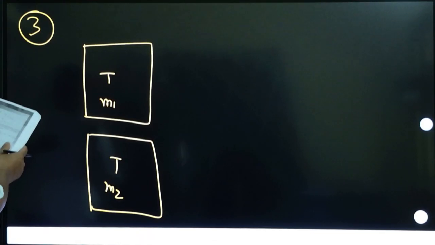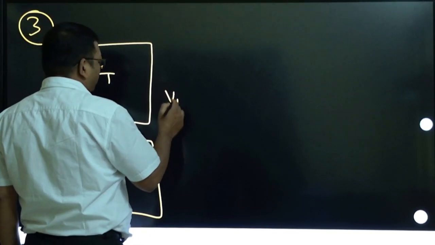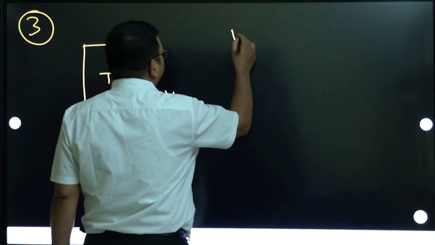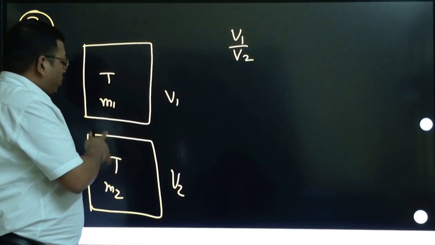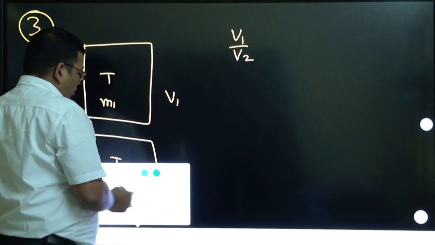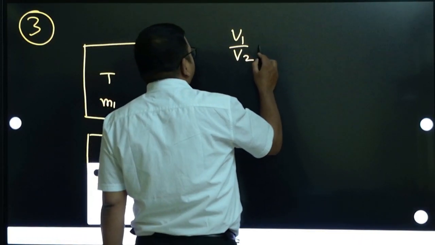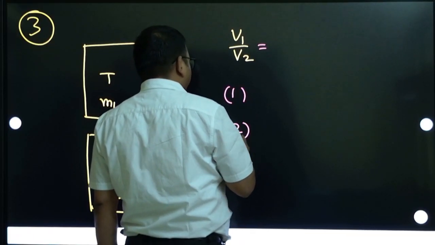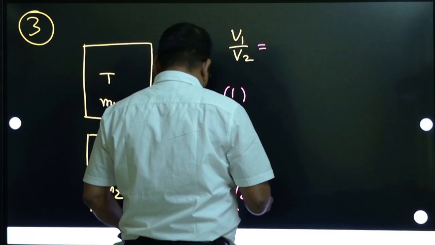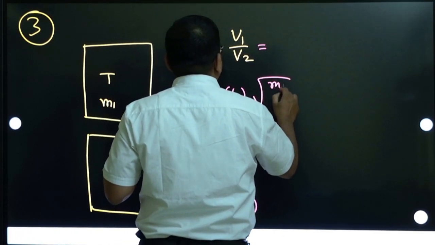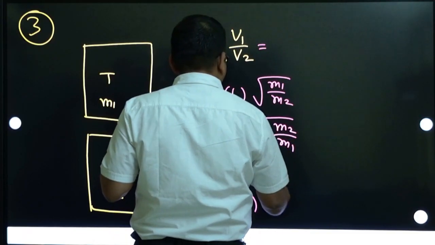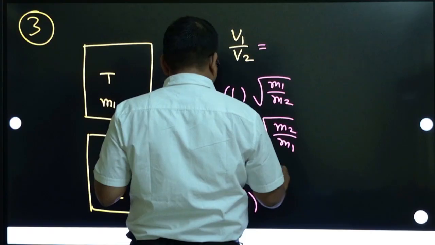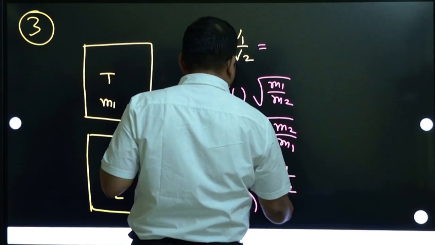The ratio of speed of sound in gas 1 to that of gas 2: suppose the sound speed is V1 here and V2 there. So you have to find V1 by V2. Two different containers are there, but they have the same temperature and molecular masses M1, M2. The options given are: root under M1 by M2, root under M2 by M1, M1 by M2, and M2 by M1.